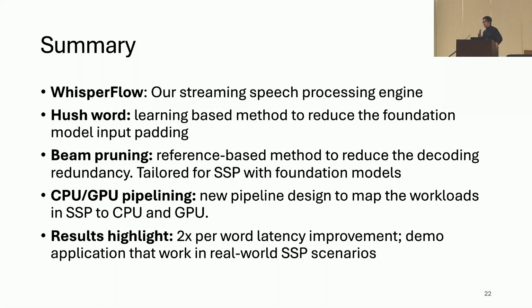As OpenAI is actually closed AI, we don't know what happens behind the scenes. But I would assume that our hash word approach will still work on the encoding part of their model, because I would assume their model will still have an audio encoder. I don't know what kind of decoding strategy they use, but if they use beam search, then our bin pruning will work.